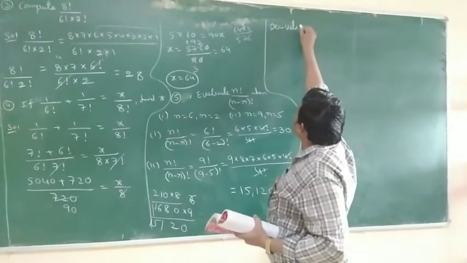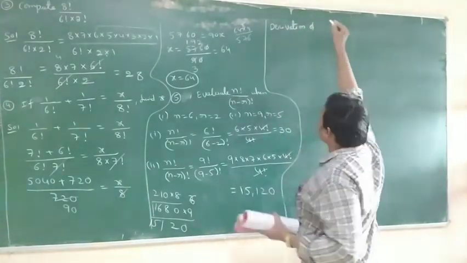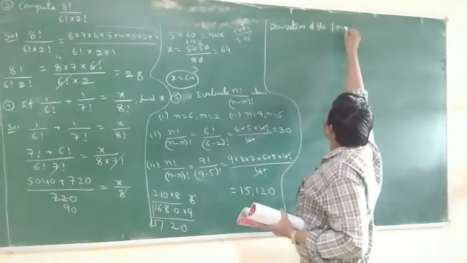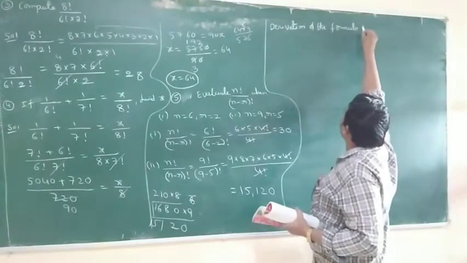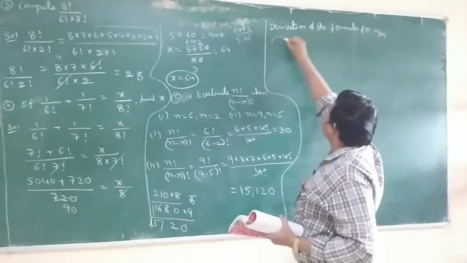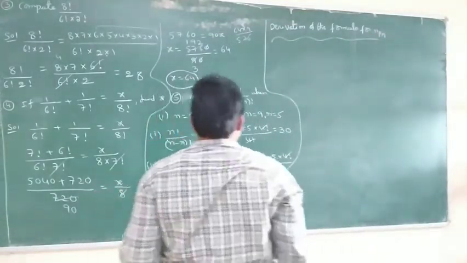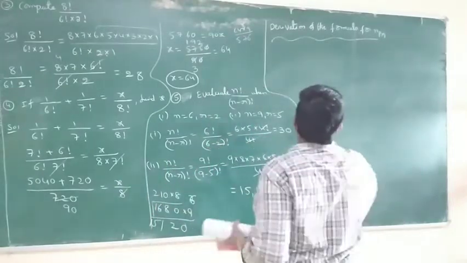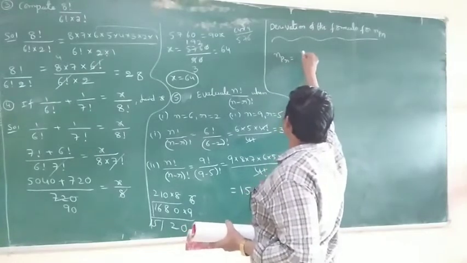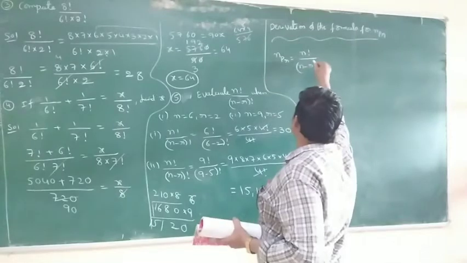Derivation of the formula for nPr. So, nPr formula: nPr is equal to n factorial by n minus r factorial.